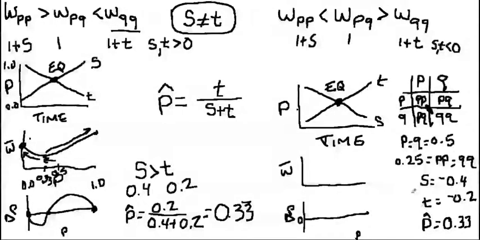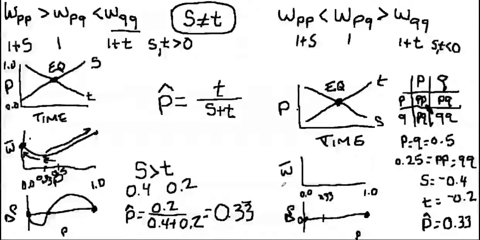So my 3 points where delta P is going to be 0, will be at all Q's, all P's, and this time again at 0.33.